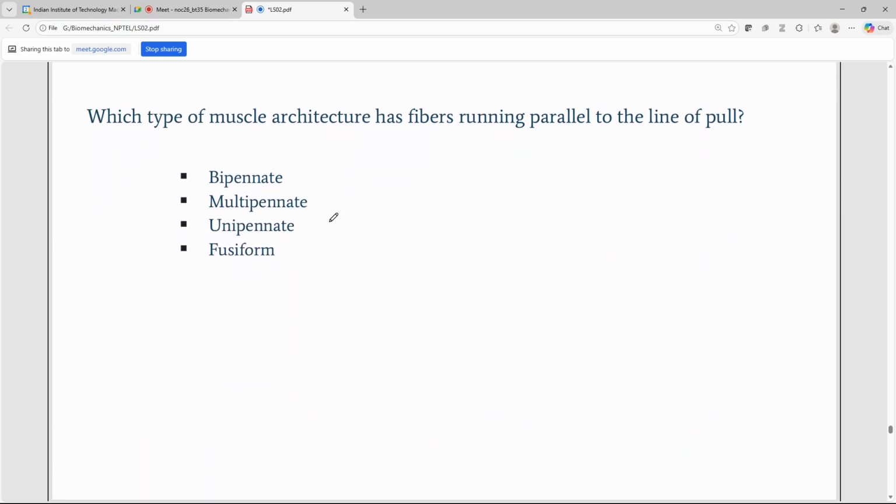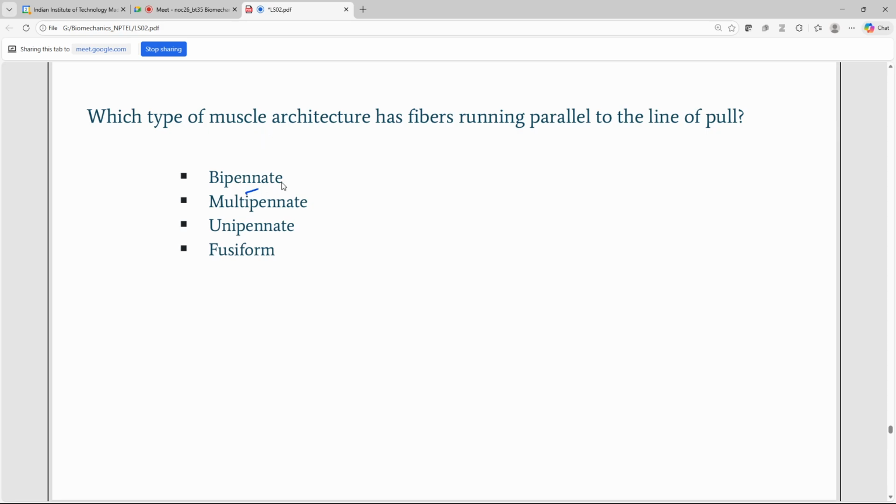Next question. Which type of muscle architecture has fibers running parallel to the line of pull? So when there is a tension or when there is a pull, which type of muscle architecture has muscle fibers running parallel to the line of pull?